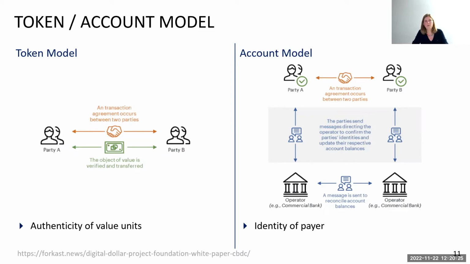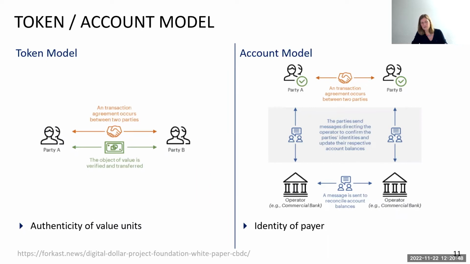And the starting point for these two design options is the verification mechanism in connection with the transfer of the CBDC units. So in a token-based or also a value-based system, the payment is checked for the authenticity of the value used.